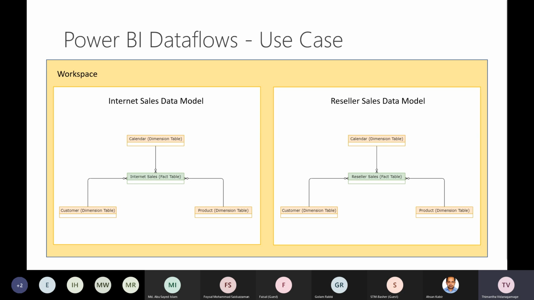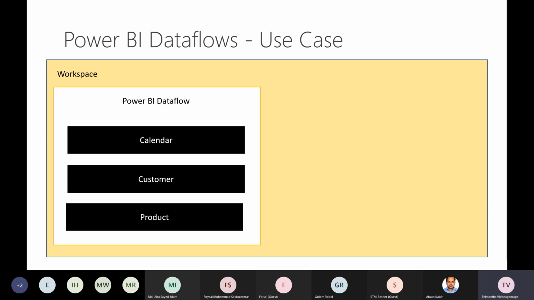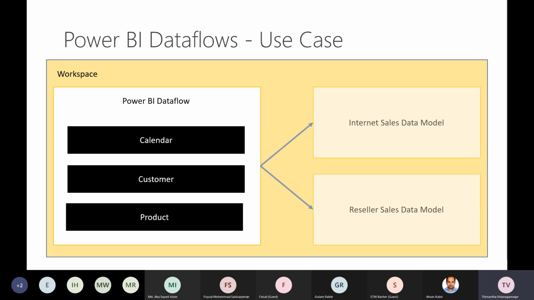So what you want to do is create a centralized environment where you centrally manage these duplicating dimensions, and they can be used for multiple data models as per your preference, which would look something like this. You have the workspace, and then you have the centralized environment, which is the Power BI data flow with output tables for calendar, customer, and product inside it.